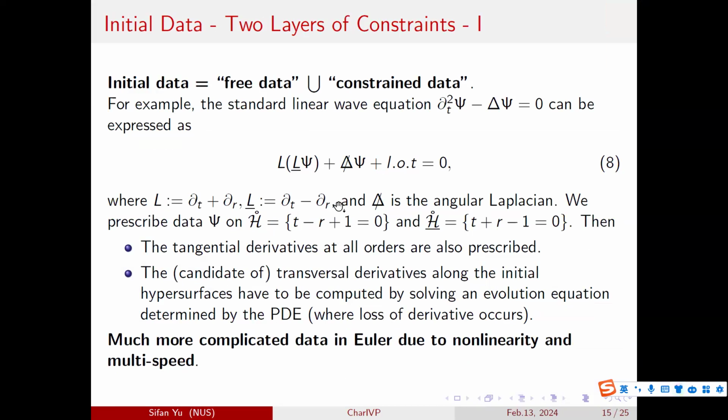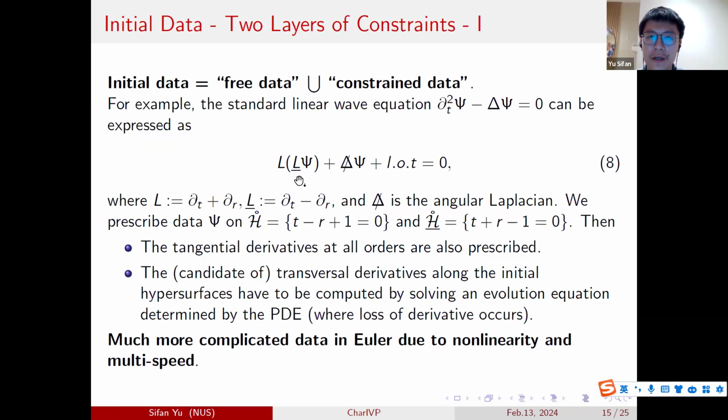Yes. First of all, consider the linear wave equation. I prescribe psi on H freely, so that the tangential derivative of psi is understood. Then I want to solve for the transversal derivative. The transversal derivative is not free because it must obey the linear wave equation.